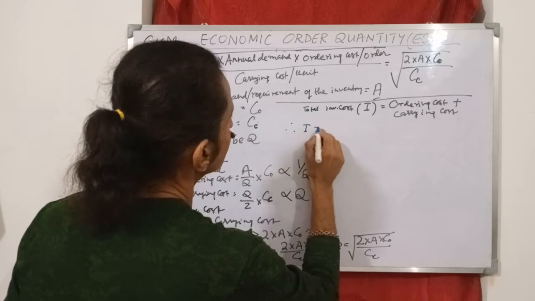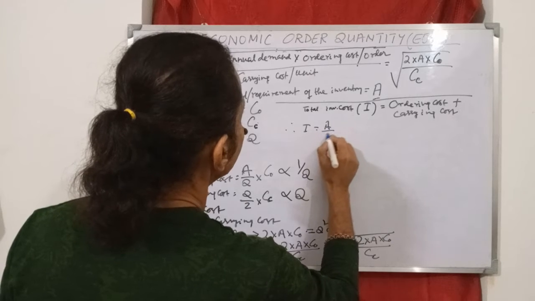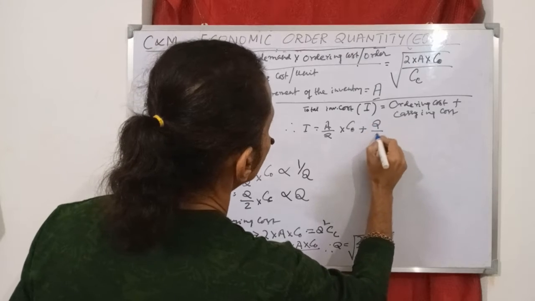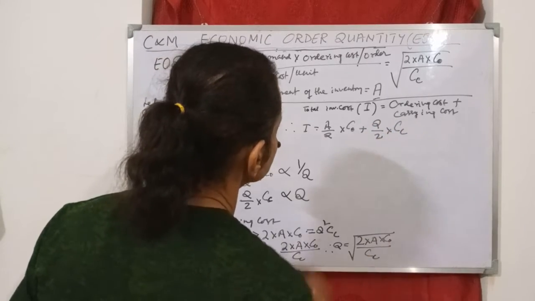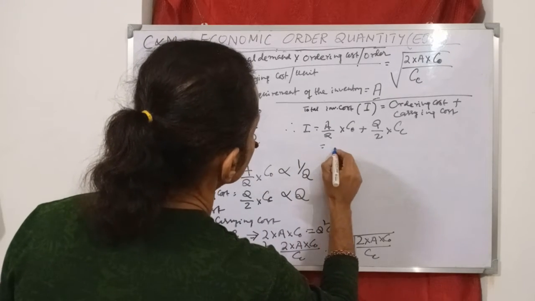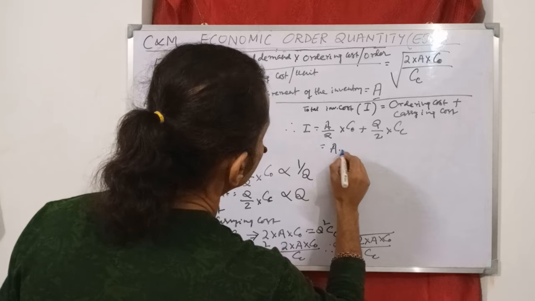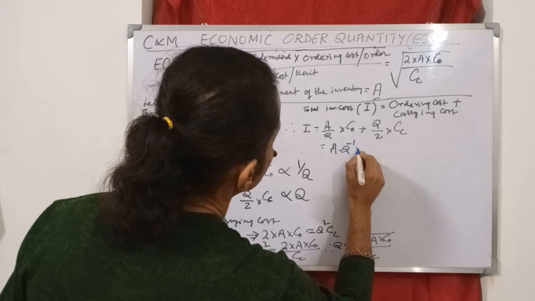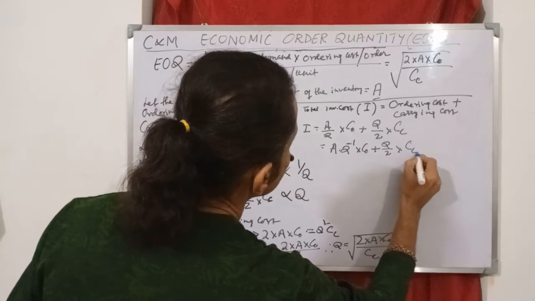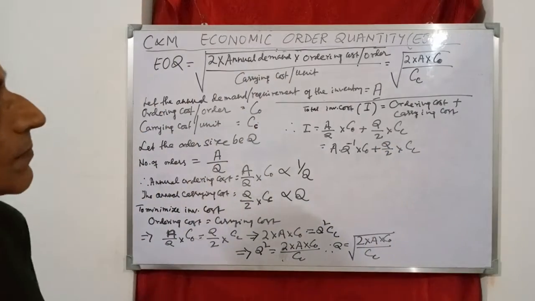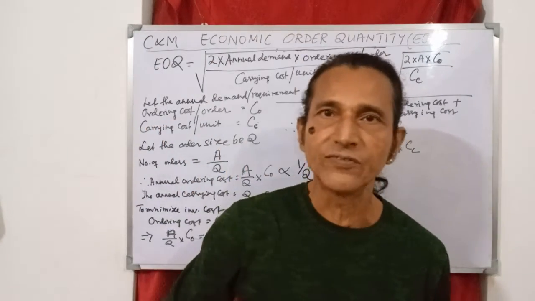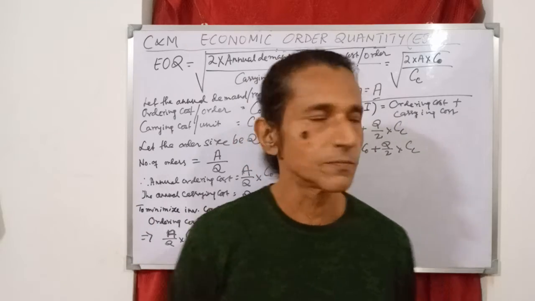Therefore, I equals A by Q into C sub O plus Q by 2 into C sub C, equals A into Q to the power minus 1 into C sub O plus Q by 2 into C sub C. Right? Now we shall differentiate I with respect to Q.